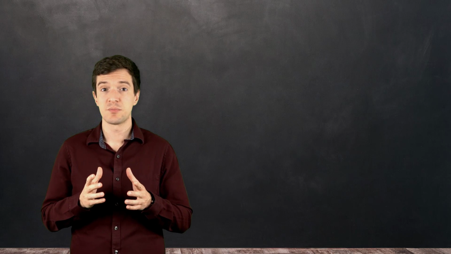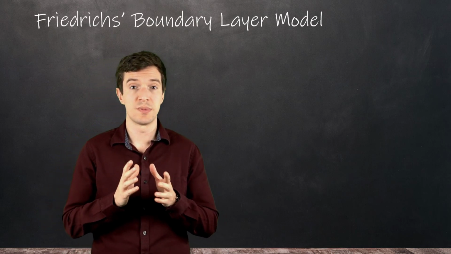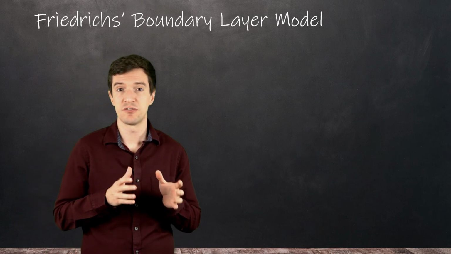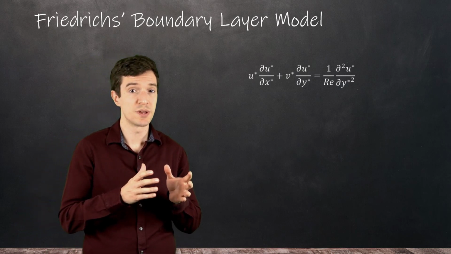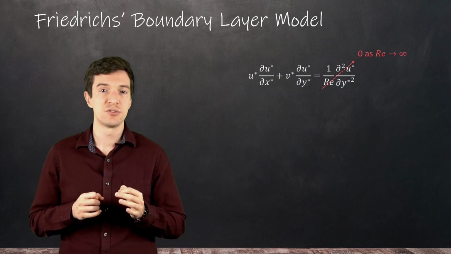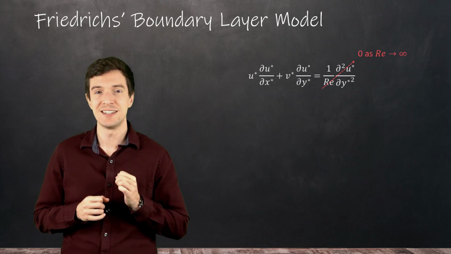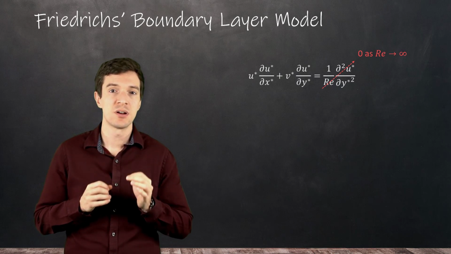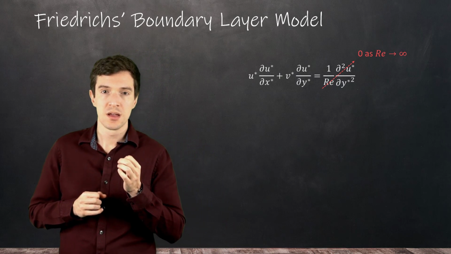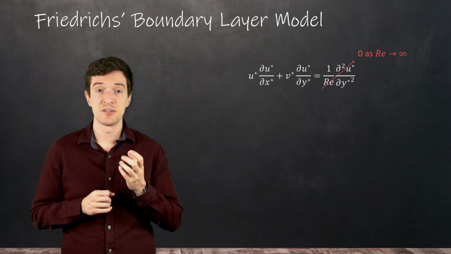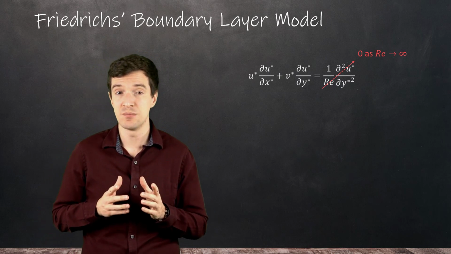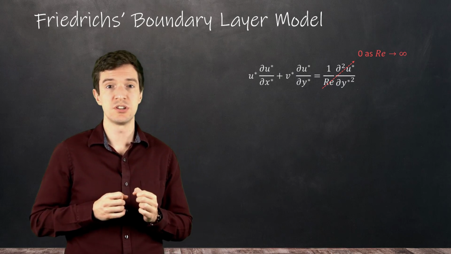The boundary layer problem has a singular perturbation nature, so if we introduce the non-dimensional form of the boundary layer momentum equation and take the limit of Reynolds to infinity, you can see that the term on the right-hand side vanishes. This creates a singularity where the equation cannot satisfy anymore the no-slip condition at the wall.